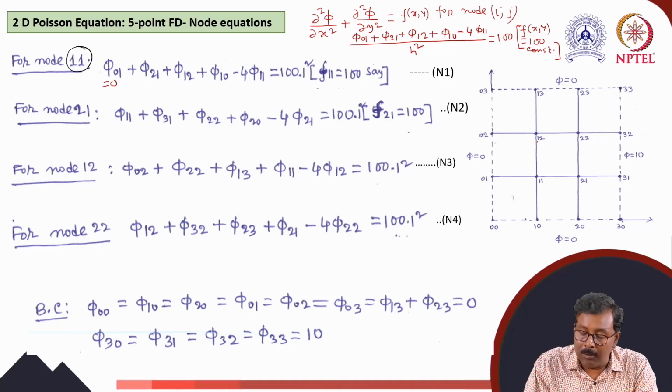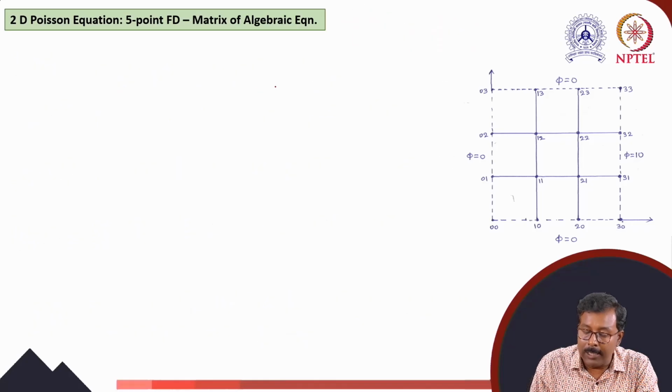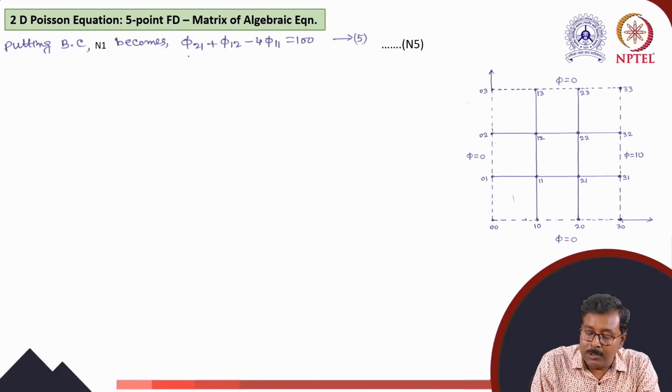Phi 1 2 is also an interior node, leave it. Phi 1 0 is 0. Phi 1 1 is there. So ultimately it reduces to phi 2 1 plus phi 1 2 minus 4 phi 1 1 is equal to 100. That is written here. So it becomes 3 unknowns.